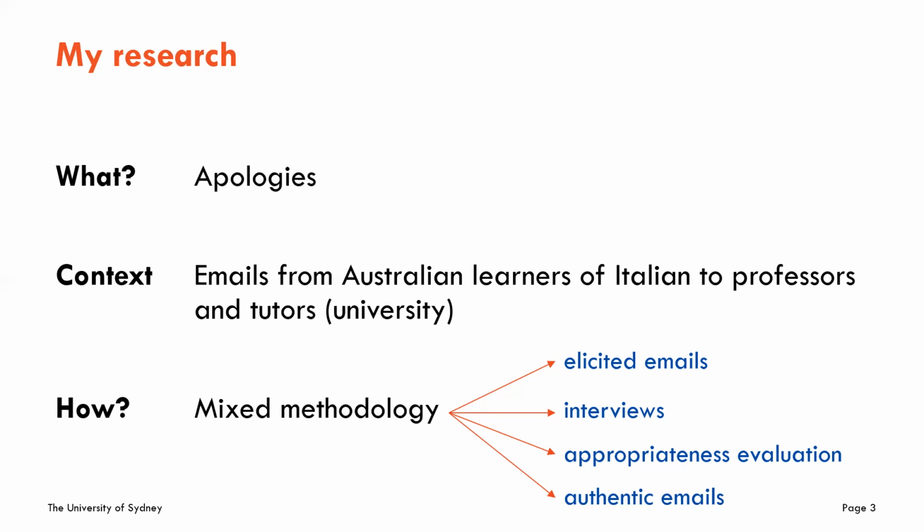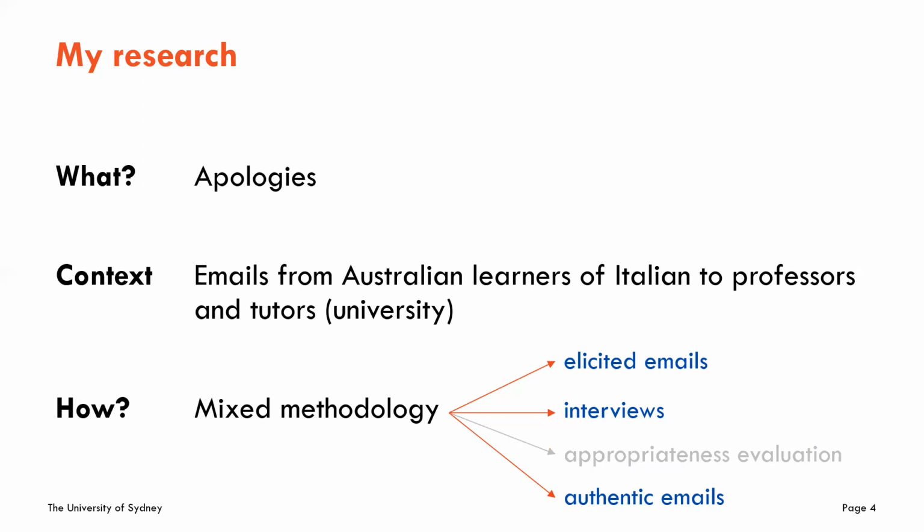I then have an appropriateness evaluation completed by academics of Italian studies to get the academic perspective or the recipient perspective of these emails. And then finally, authentic emails. And I've used these to compare to the elicited emails to see whether what's happening within the elicitation task actually does reflect what happens in real life, as it were.